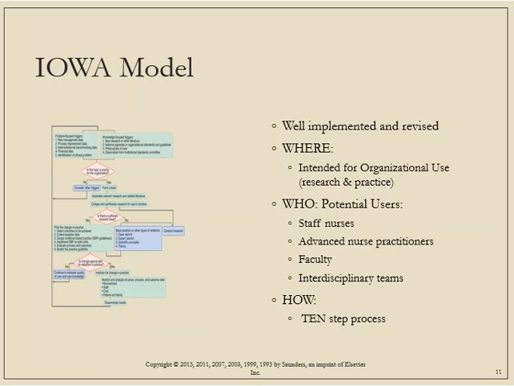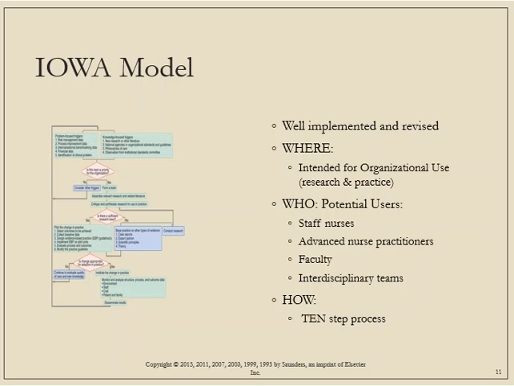So the Iowa model of evidence-based practice was instituted in 1987. It was revised and updated several times, most recently in 2018. Identifying, implementing, evaluating, and disseminating information to promote quality care and outcomes are the hallmark of this model.